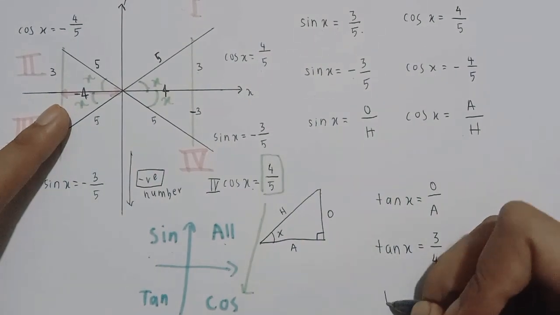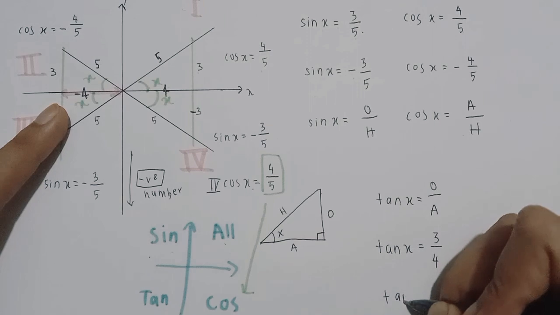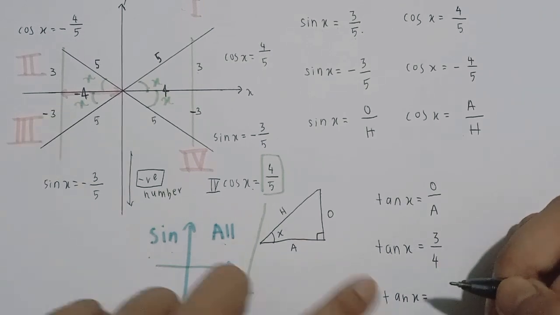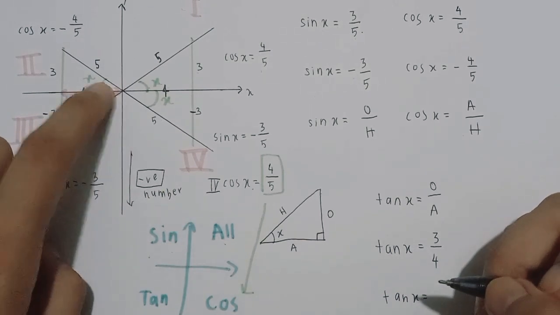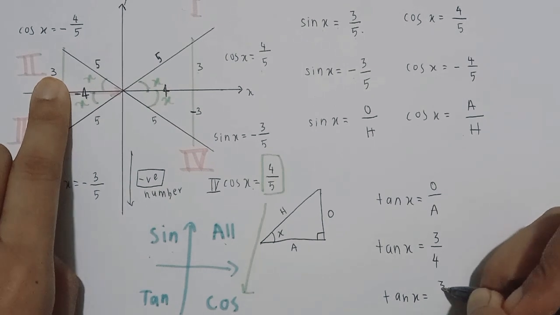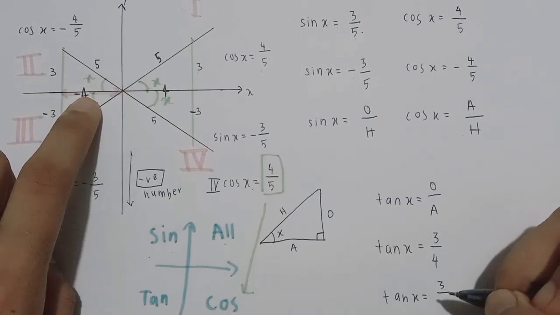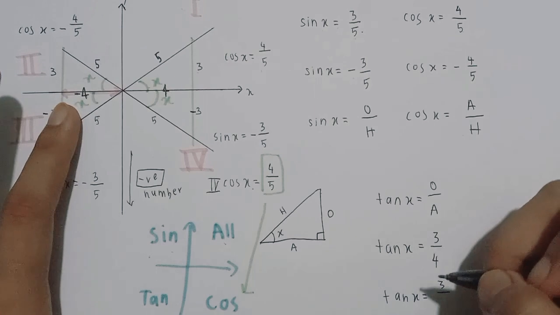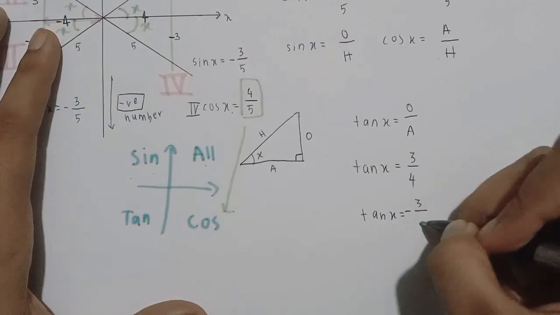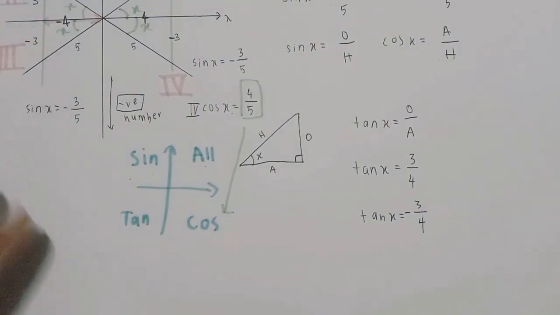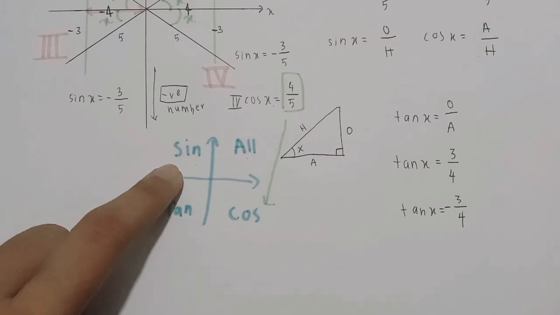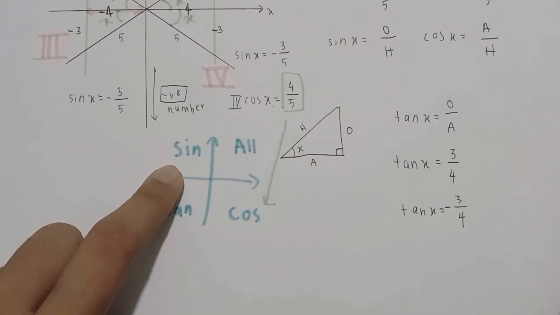It will be tan x equal to TOA. Opposite of it is 3. Adjacent of it is negative 4. So it will be a negative number, like it said that here only sine is positive.